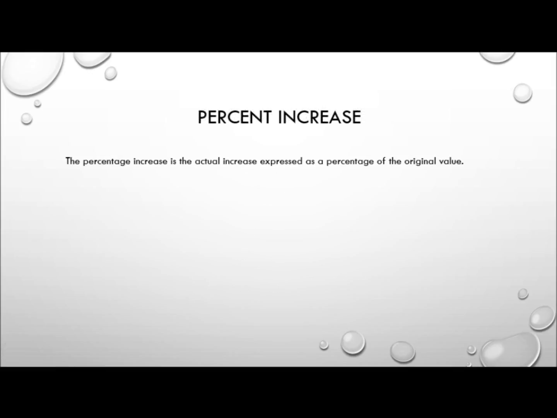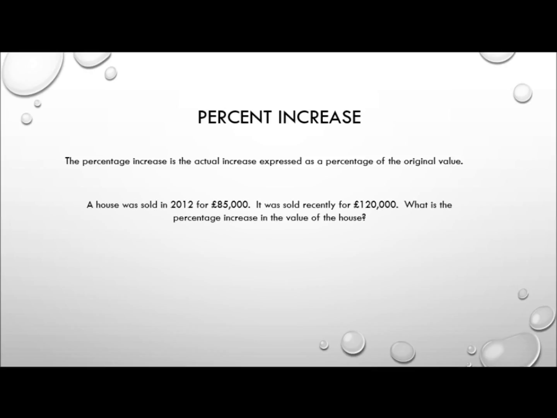Okay, so what do we mean by percentage increase? Well, the percentage increase is the actual increase expressed as a percentage of the original value. Let's take an example. Say a house was sold in 2012 for £85,000. It was sold recently for £120,000. What is the percentage increase in the value of the house?